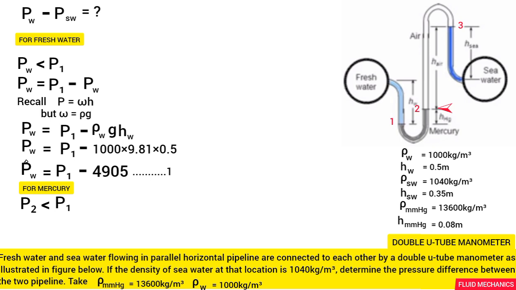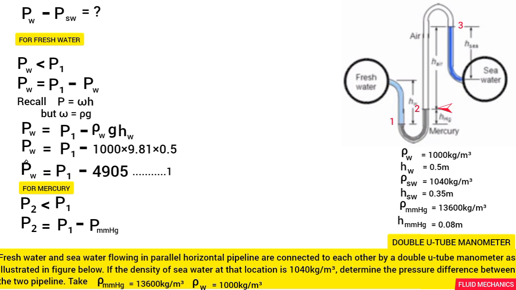So my P2, the pressure at point 2, will be equal to the pressure at point 1 minus the pressure exerted by the mercury.